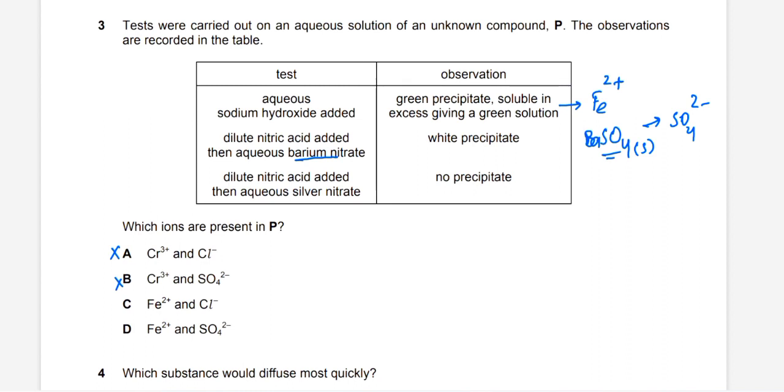It confirms there are no chloride ions. The sulfate reacts with barium to form insoluble barium sulfate, a white precipitate. So the chloride ion is rejected, and the sulfate ion and iron ion are confirmed. So option D is correct.